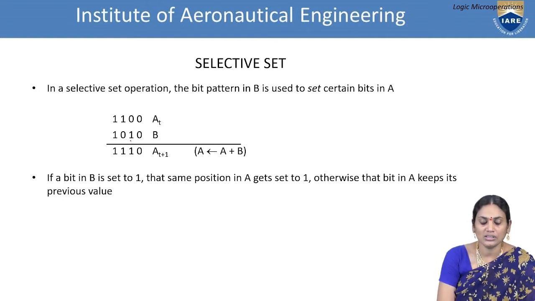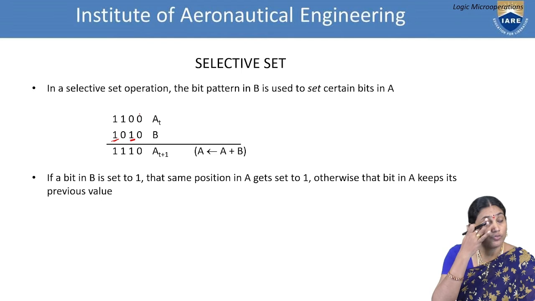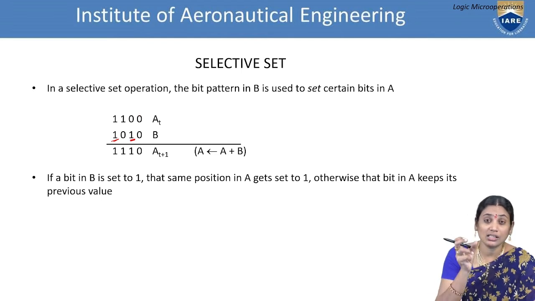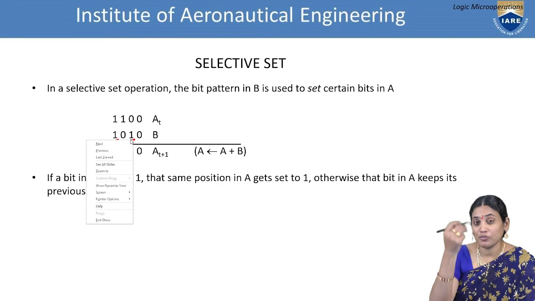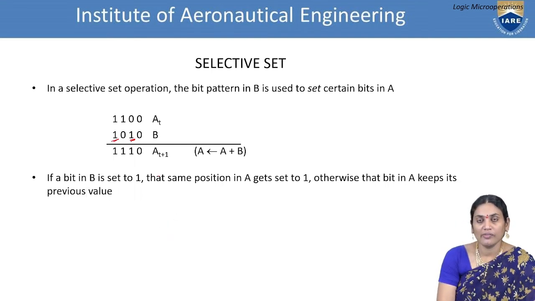If you observe this, this is 1 and this is 1. Now, what do you observe in the section of A? You are focusing only on selective settings, but the bit patterns of A will be transferred as they are, and only based on the patterns of B will it be reflected. So whenever I find ones in B, the corresponding positions in A should be set to 1.